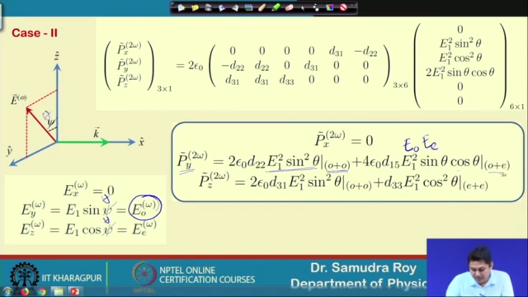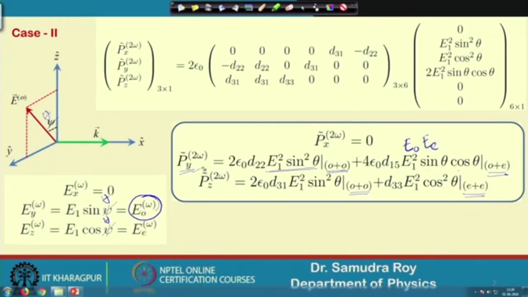So, ordinary plus extraordinary component can generate polarization along y direction, and in P z also 2 ordinary waves are generating, and as a result I am getting some kind of P z. Here also in the similar way 2 extraordinary waves are combined to generate the P z term.